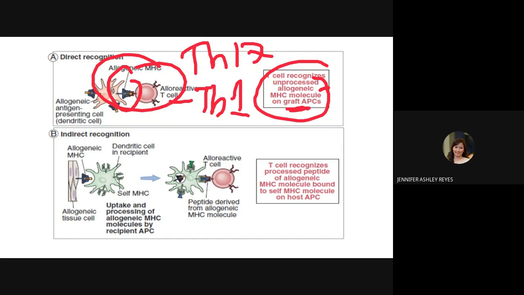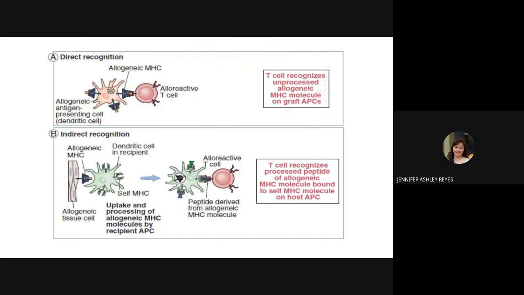So because of this recognition of allogenic MHC molecules, that is the cross-reaction of our T cells. And it will create a certain hyperacute rejection response in terms of direct recognition.